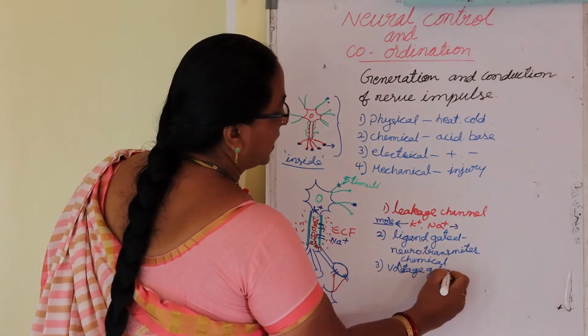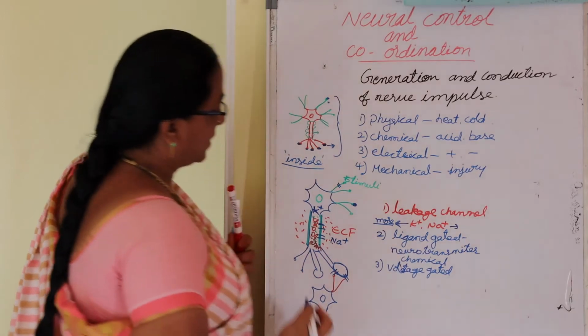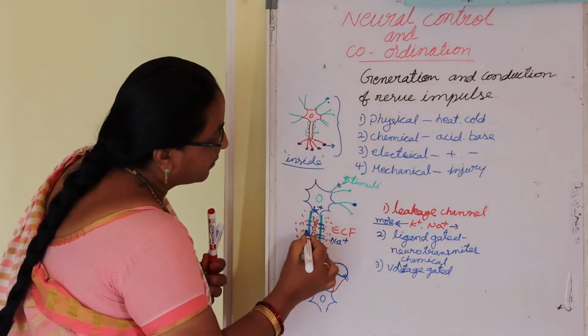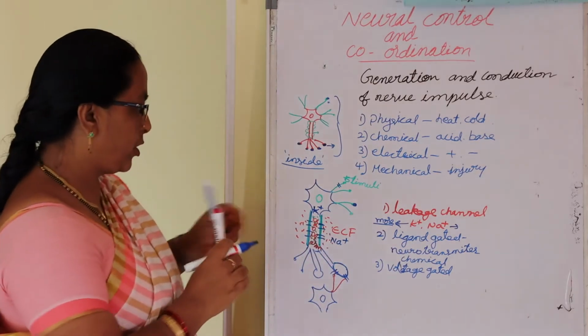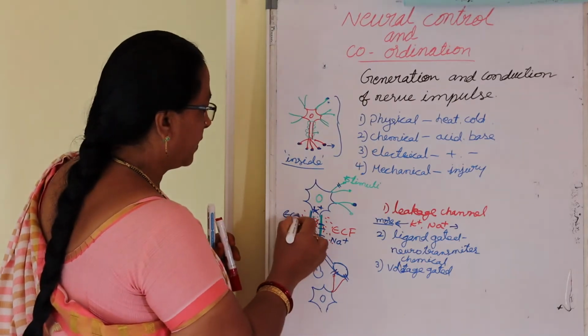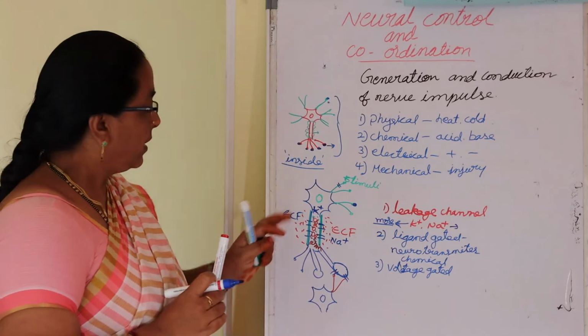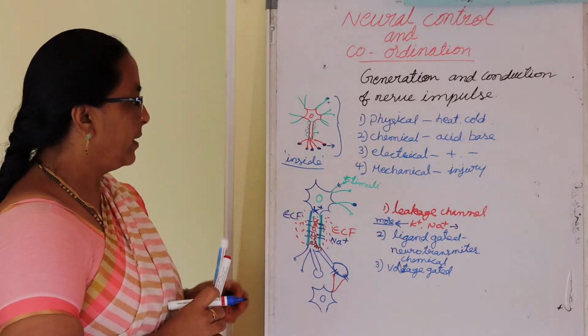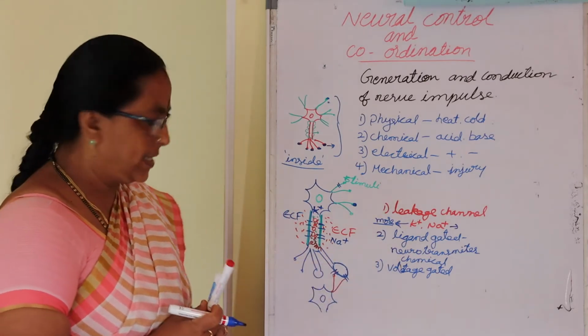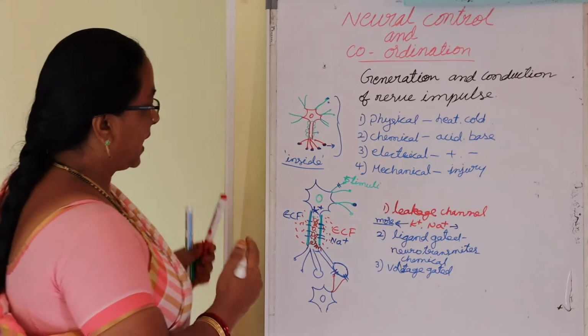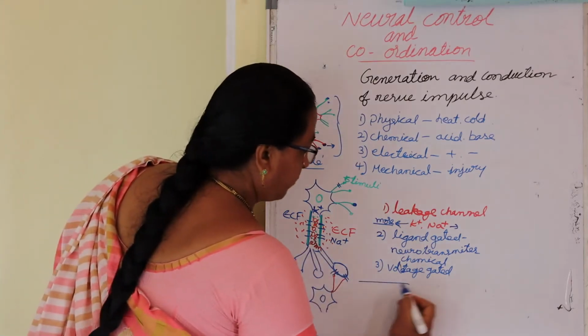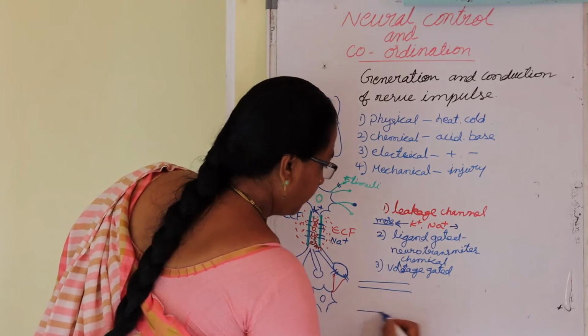These voltage-gated channels are present here. This is extracellular fluid, and here it is axoplasm. These membranes contain voltage-gated channels. I will draw here.